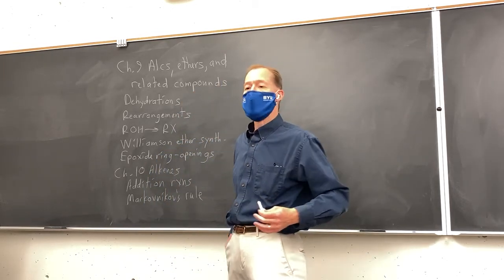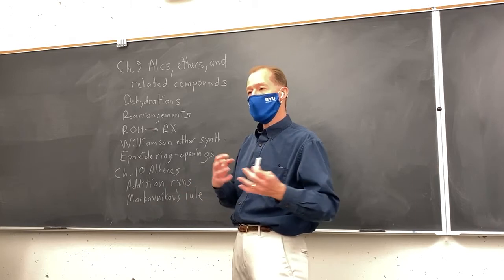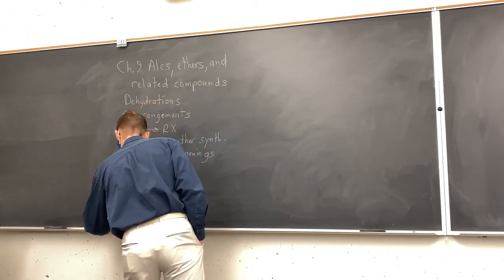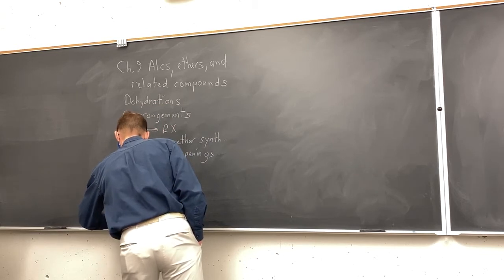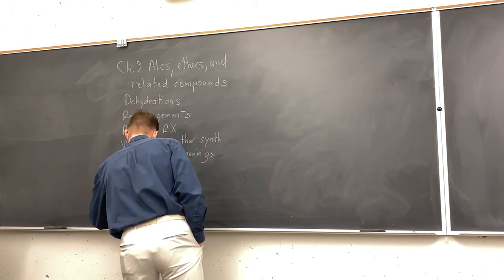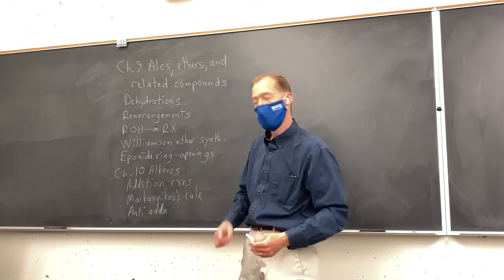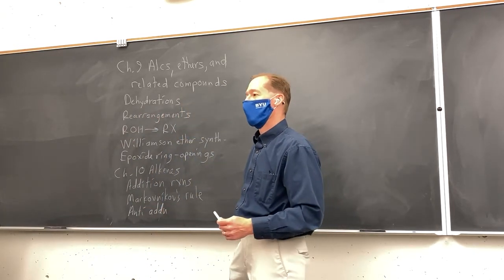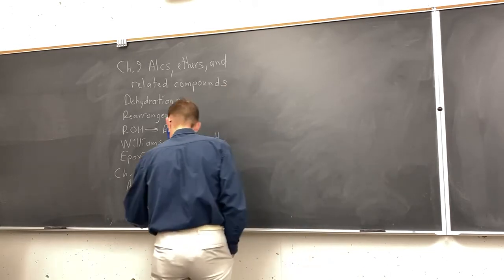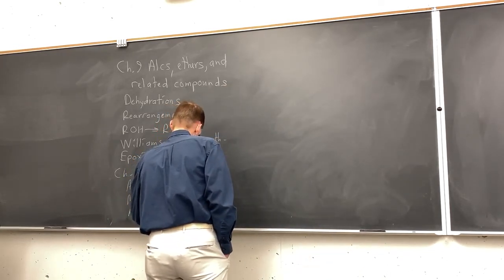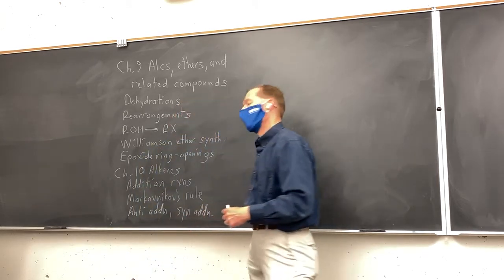And then we had different mechanisms of addition that would explain stereochemistry. We have anti-addition. That's what happens when we're performing halogenations, for example, or hydrohalogenations. And then we have syn additions. That's what happens when we're performing a hydroboration.